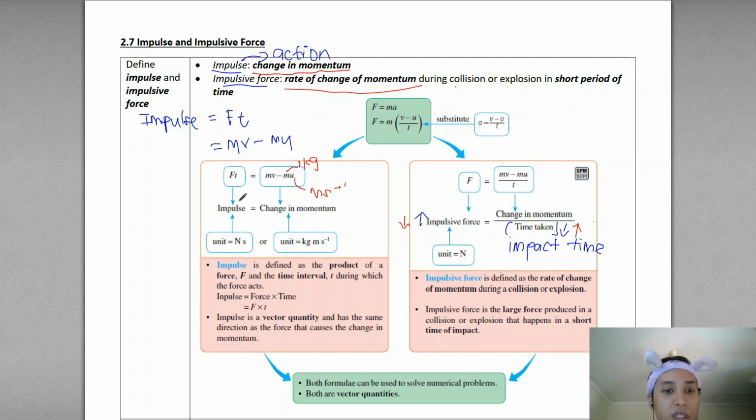Alright, so the unit for impulse is Newton second. Okay, and then another important thing that you need to know is that both are vector quantities. Alright, so it's shown here, both are vector quantities because both have velocities. Okay, so remember that impulse and impulsive force are vector quantities.